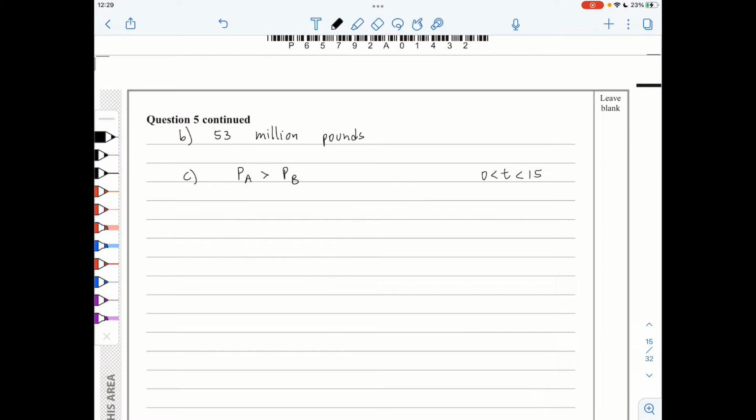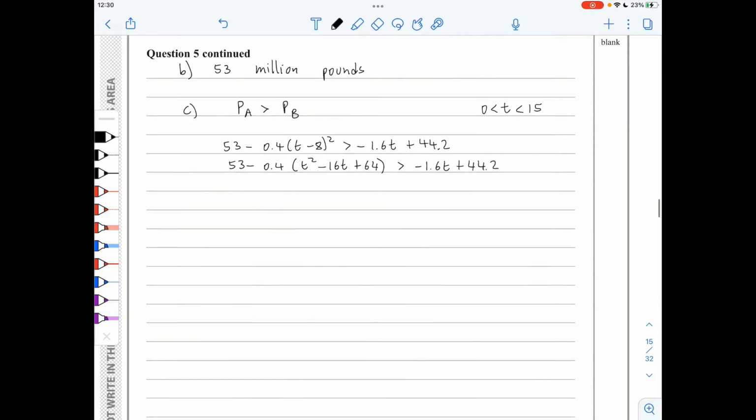So I will replace P of A with the expression 53 minus 0.4 brackets t minus 8 squared greater than minus 1.6t plus 44.2. Let's expand the left hand side. It is 53 minus 0.4(t squared minus 16t plus 64) greater than minus 1.6t plus 44.2.